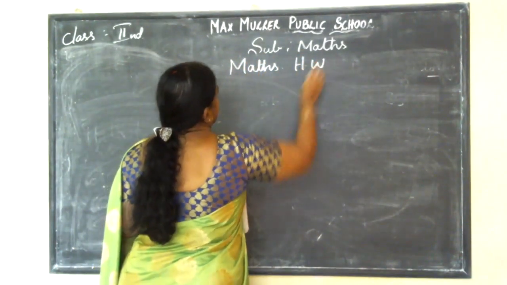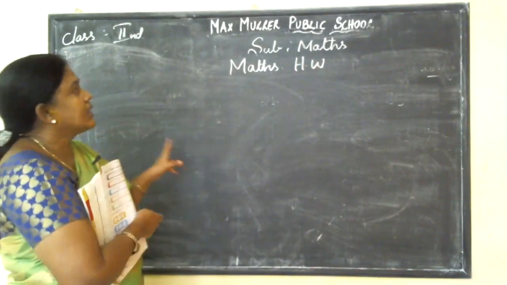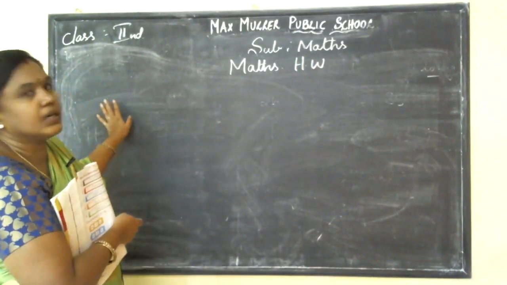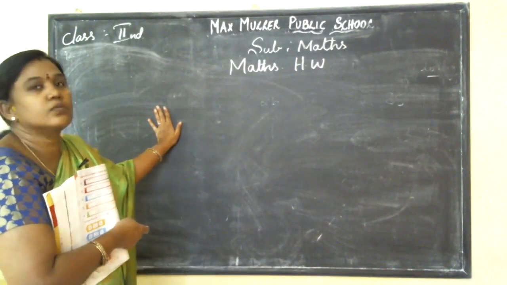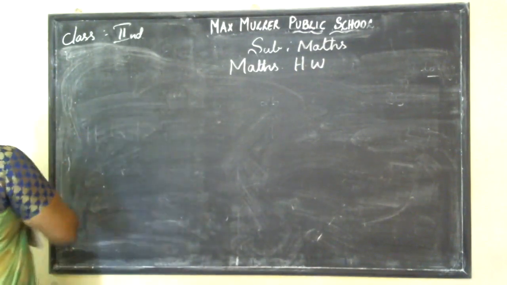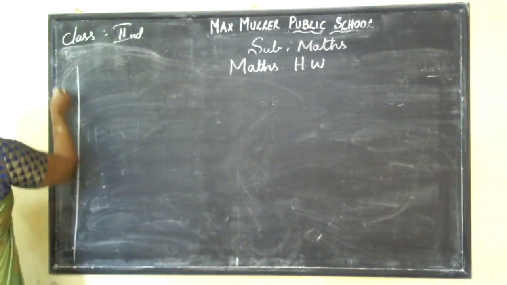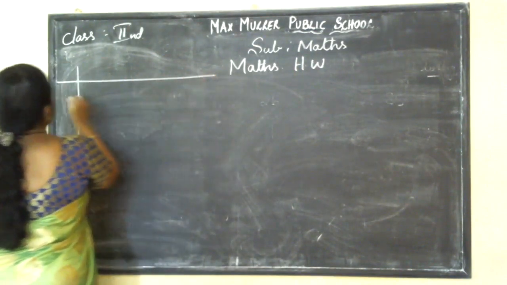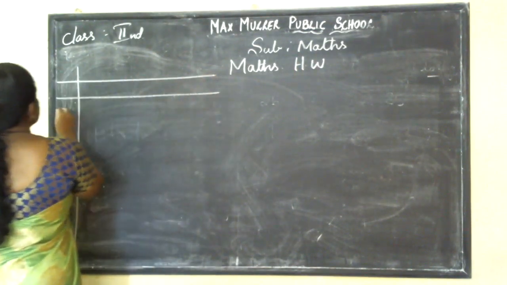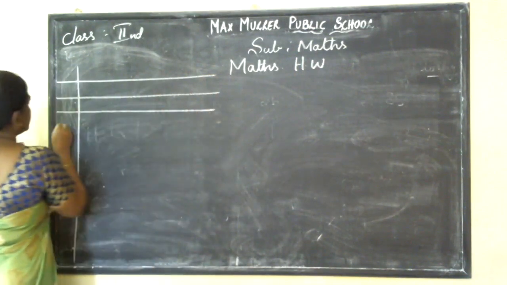Already I said no, children, for horizontal two notebooks are there, one is classwork, one is homework. Last class what I gave, write the numbers 1 to 100 one time. Now this class, go to the next page, write neatly, heading neatly.